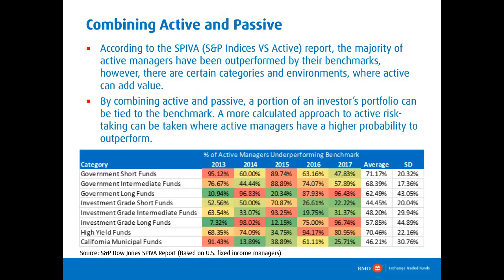How you properly allocate active risk is to look at those areas where active management has historically had a higher probability of beating the index, investment-grade short and intermediate funds being a good example. So allocate active risk in that way, to active managers in those areas where they have a higher probability of beating the index.